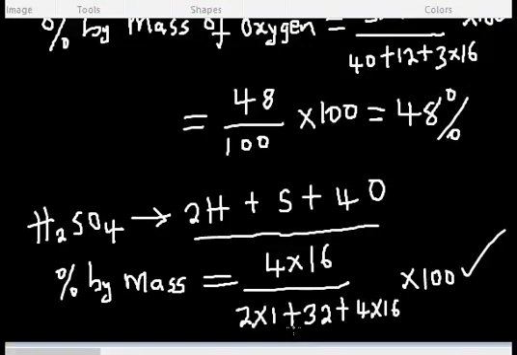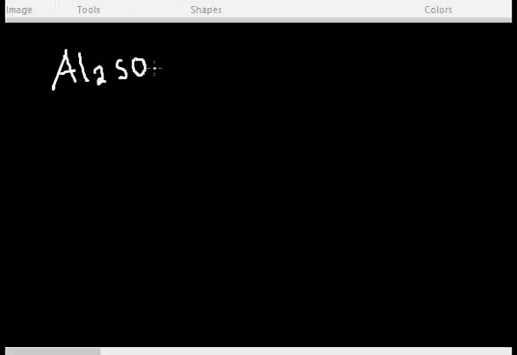Let's look at that of aluminium sulfate, Al2(SO4)3. This is the formula. You see this one seems kind of complex because there's a bracket and there's a subscript. But first of all, let's separate it.